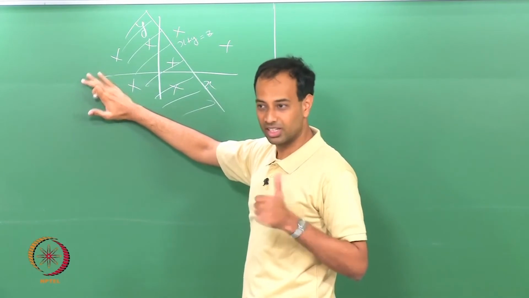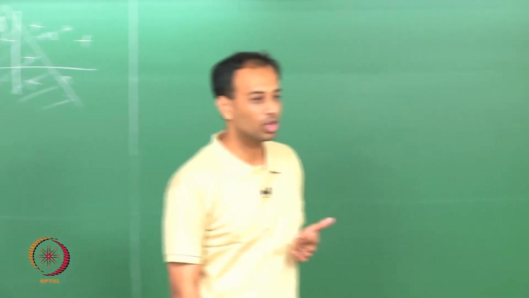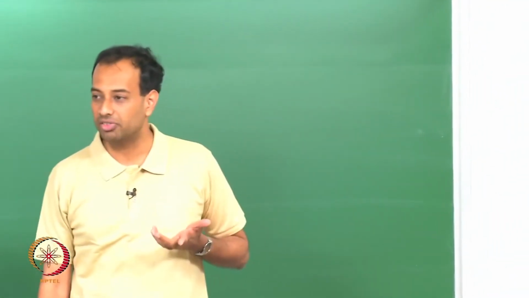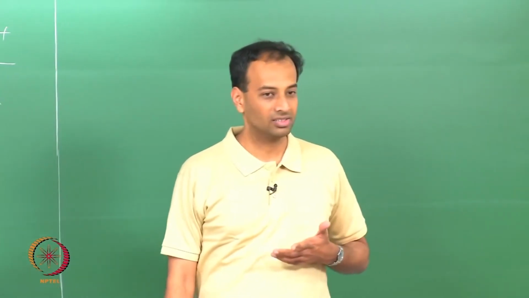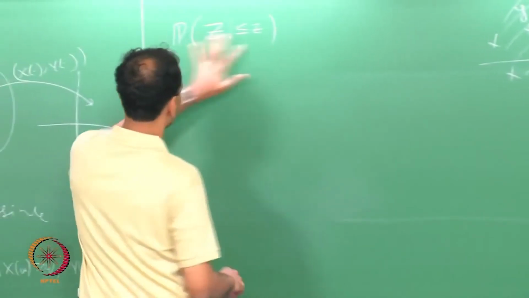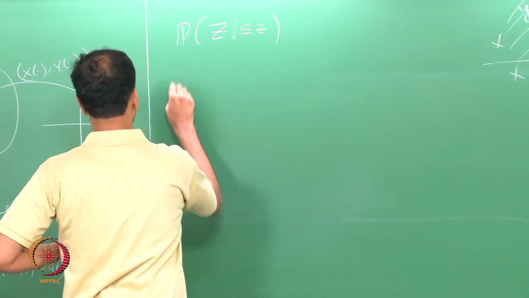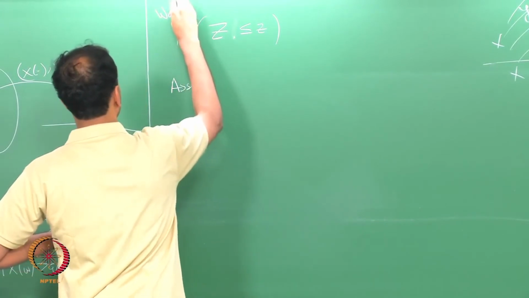So, in the discrete case it is very easy, and the jointly continuous case is also very easy, because you have a joint PDF which you can integrate over the set, correct. Those two cases we will cover. So, this is what we want.